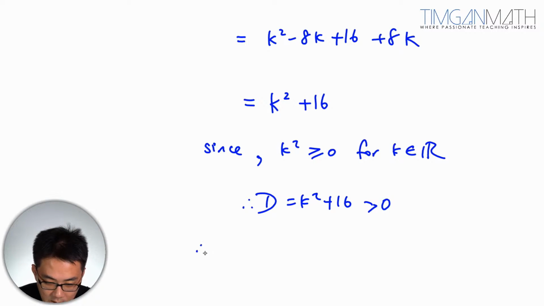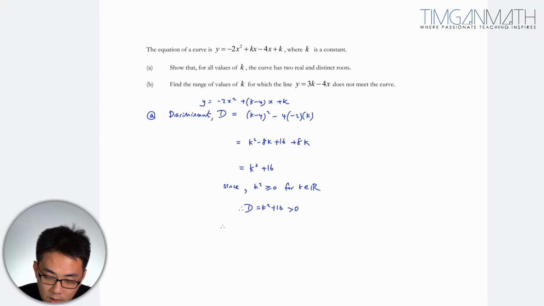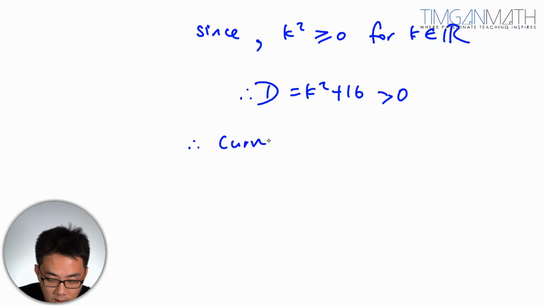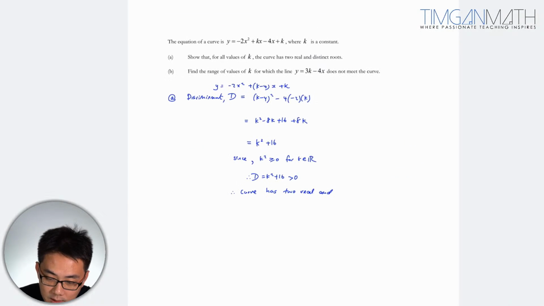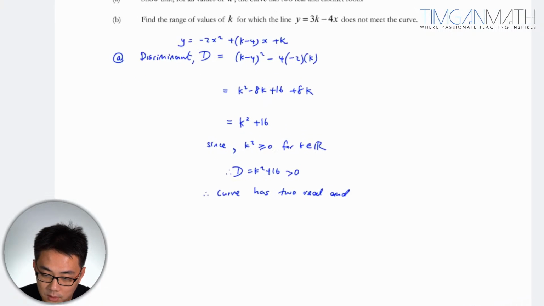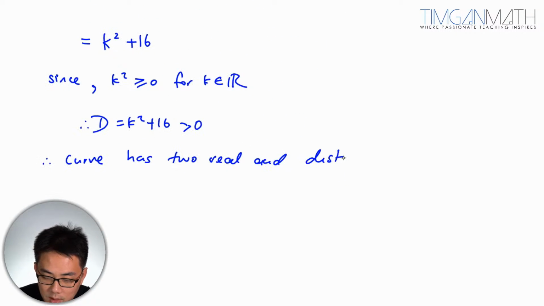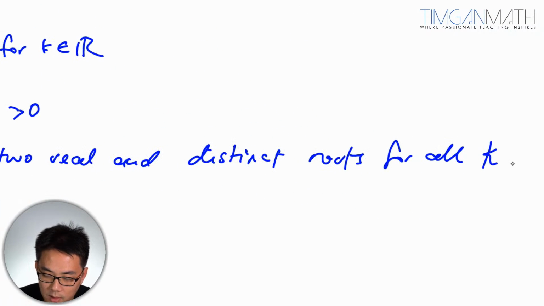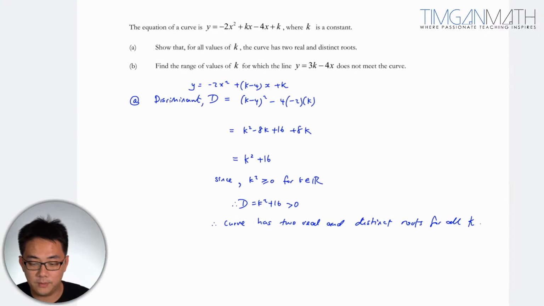So hence the curve has two real and distinct roots for all k. That's how I show it.